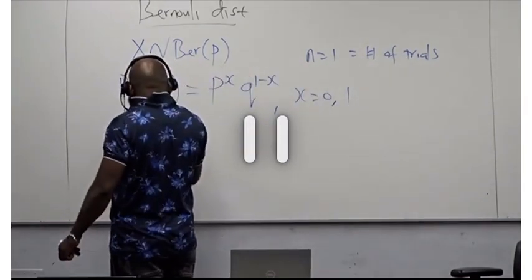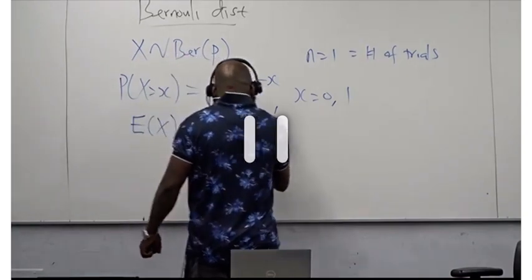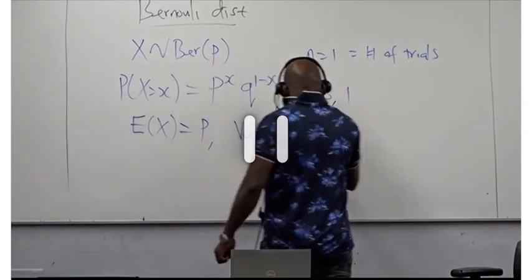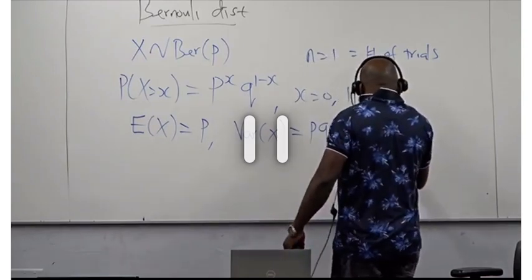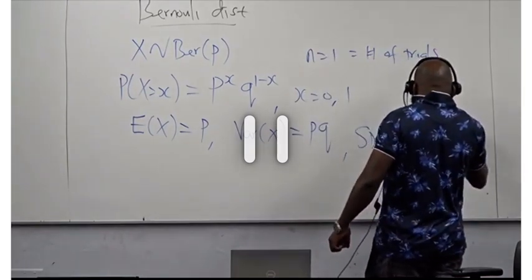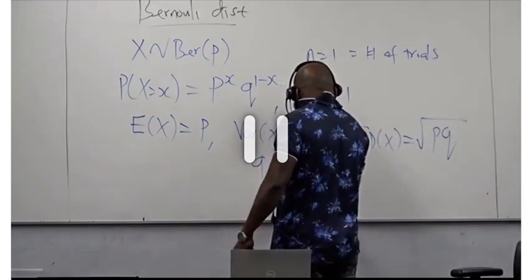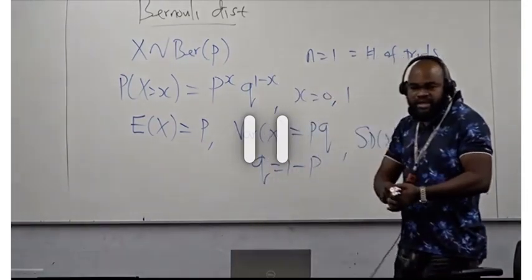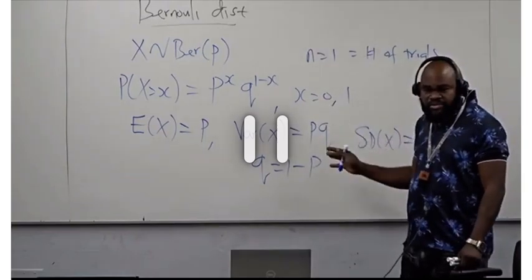I derived the mean, the expectation of S, to be p, the variance of S to be pq, and the standard deviation of S is the square root of pq. Don't forget q is 1 minus p.